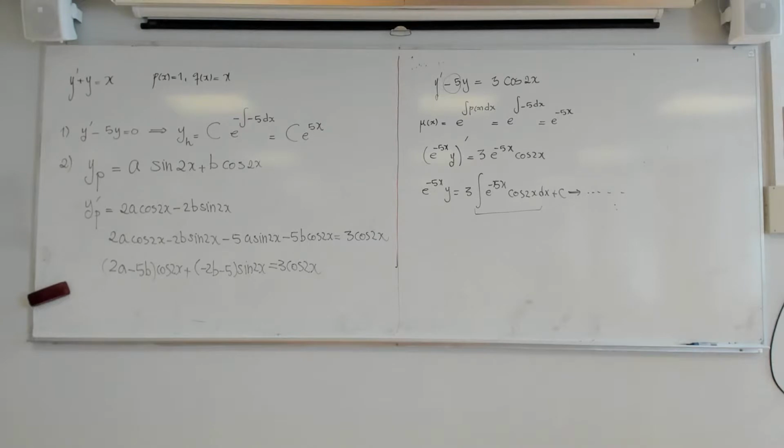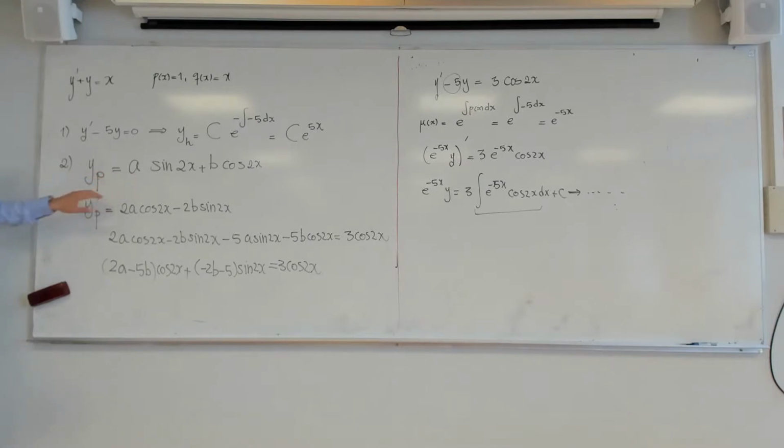Yes, is that understandable? So this is my ansatz. Polynomial functions, exponential functions, sine and cosine functions are among the famous functions for which you can make an educated guess for the particular solution. So I guess that this might work.